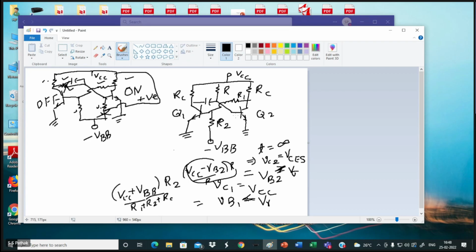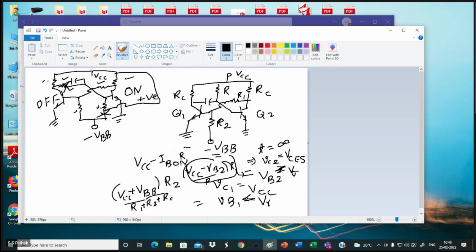VB2 voltage that is coming here, it has to be greater than V sigma. And how much is voltage coming? VCC minus IB on, which can drive it to saturation, into R. That is my VB2, and that has to be greater than V sigma.